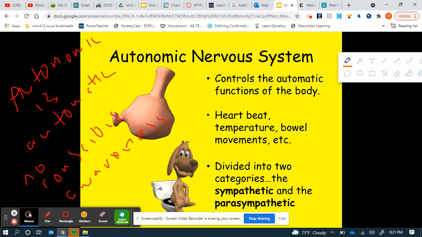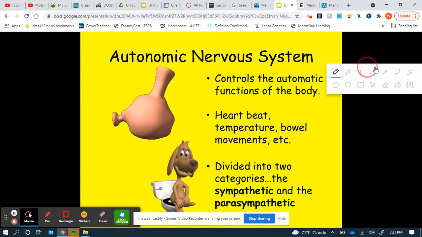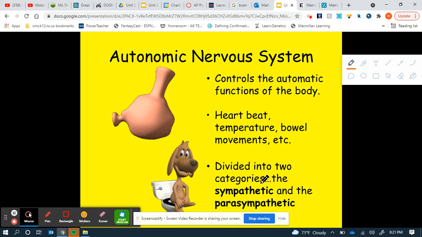Now, this right here is probably what I would say the most challenging part of this. The somatic nervous system is just the somatic nervous system. It's not split into any other subgroups. The autonomic nervous system is, though. The autonomic nervous system is divided into two categories.